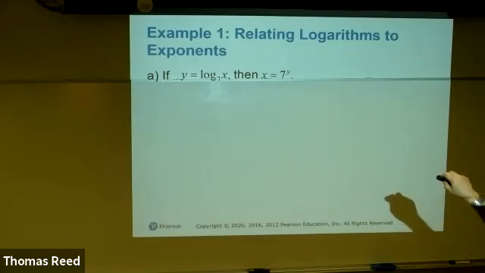y is the exponent we put on the base 7 to equal the argument x. So x equals 7 to the y power.